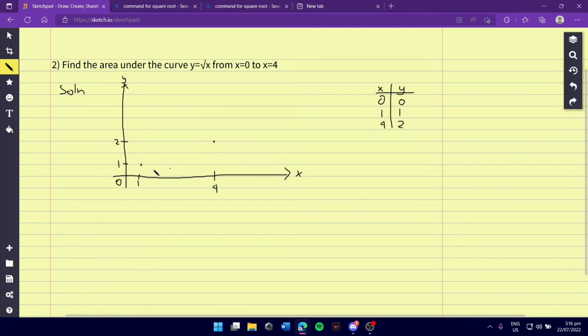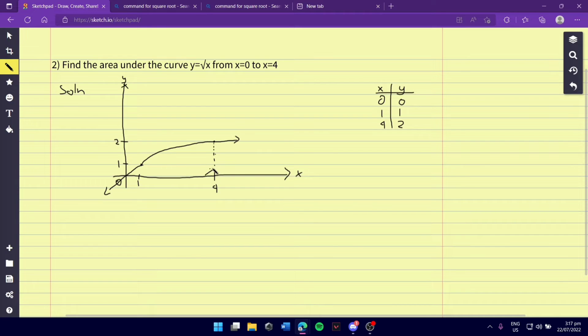So assuming this is the curve, like that, from the region. Next, according to here, we'll solve for the area under the curve from 0 to 4.